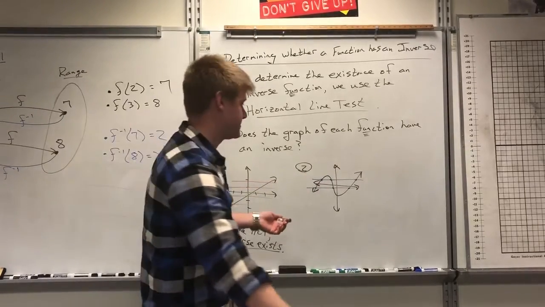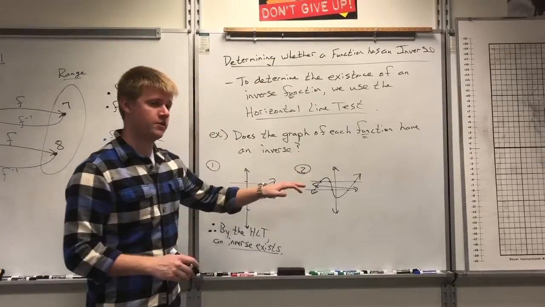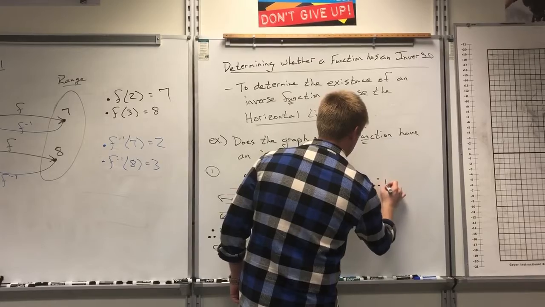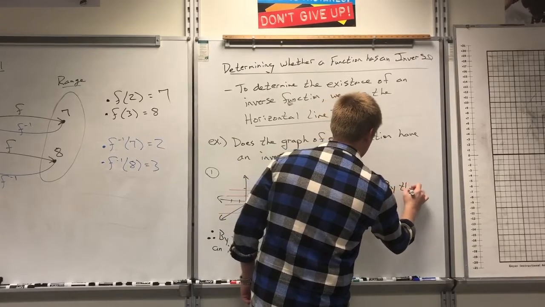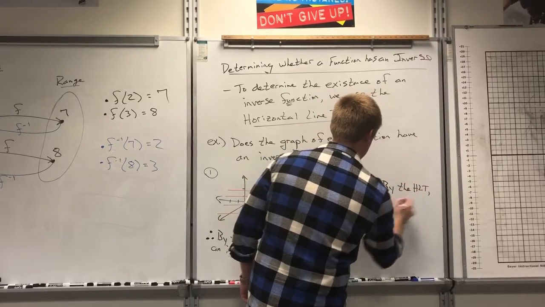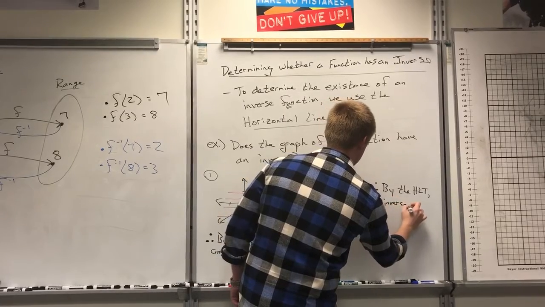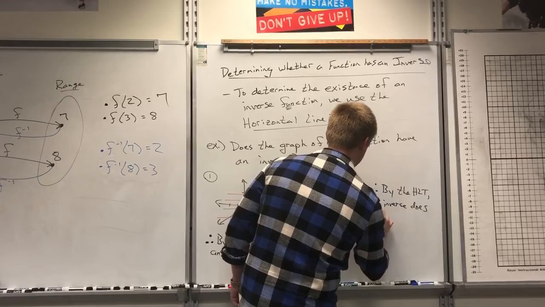So this is the opposite conclusion. If I hit more than one point with any horizontal line, that tells me an inverse does not exist.